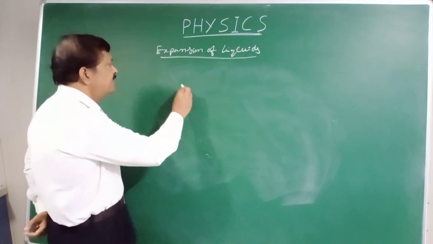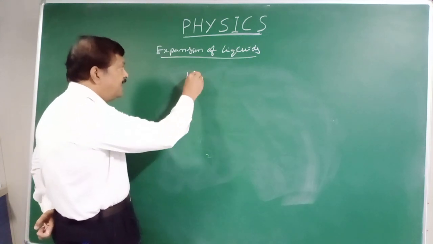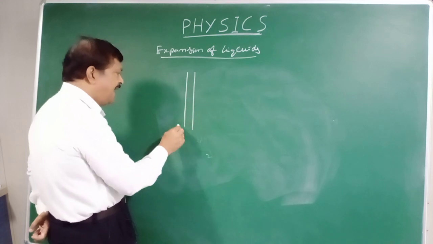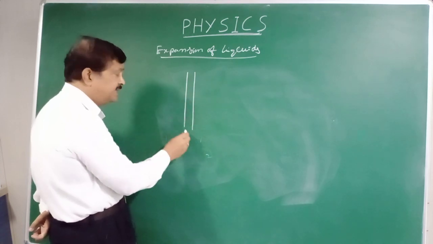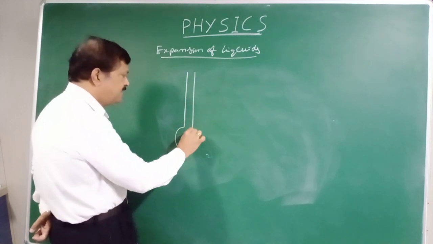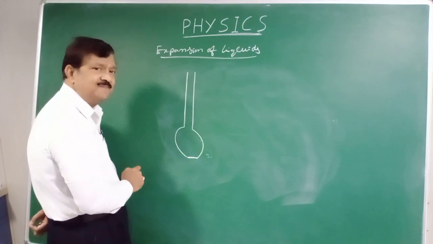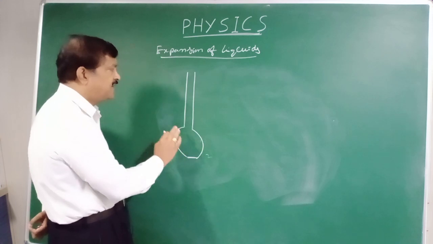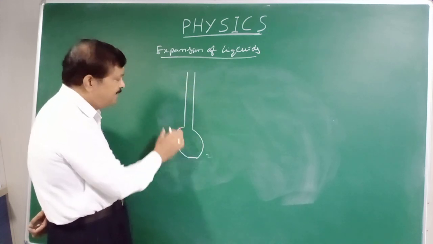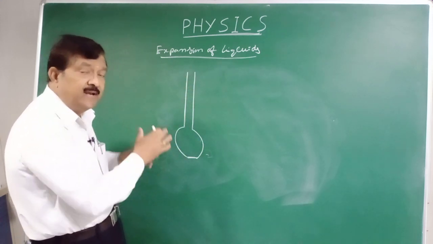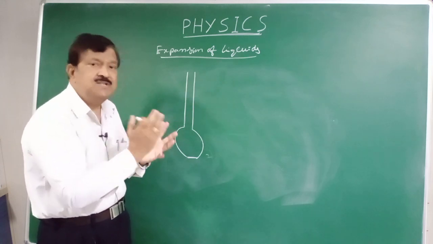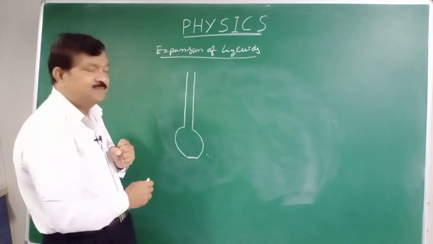Let us see. I have taken a liquid in a container having a narrow neck like this, and at the bottom it is like a round bottomed flask. This is a round bottomed flask with a long neck. I am taking this type of instrument because we can clearly understand how the expansions are taking place in this container.